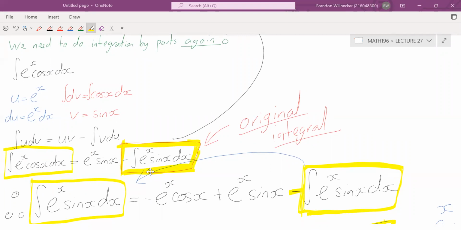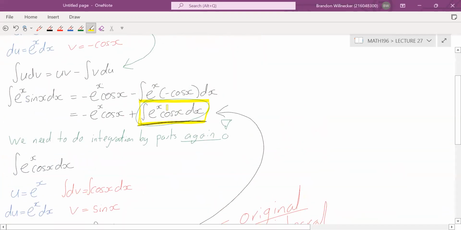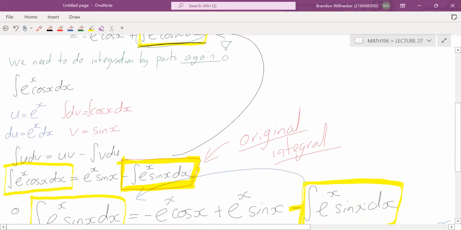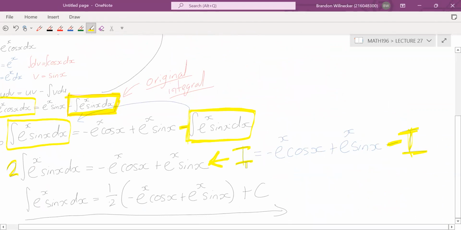So if we substitute this back into our expression, into the first integral, we get our integral, I, is equal to minus e to the x cos x plus e to the x sine x minus I, where I is the integral we're trying to solve.